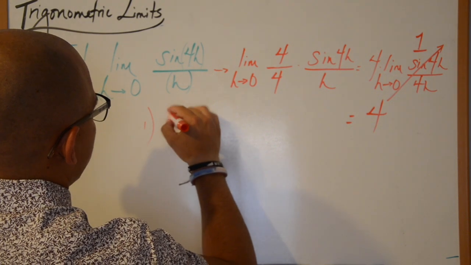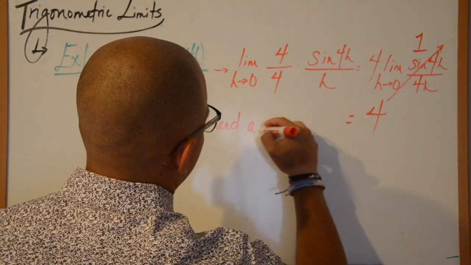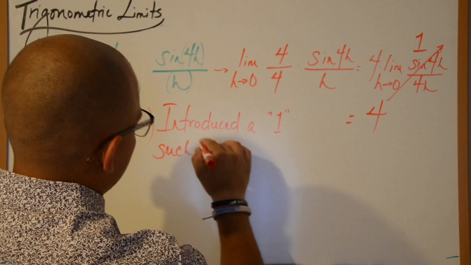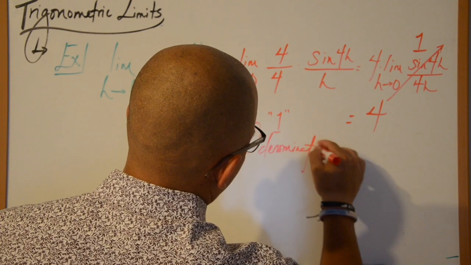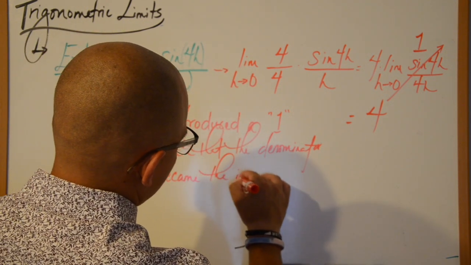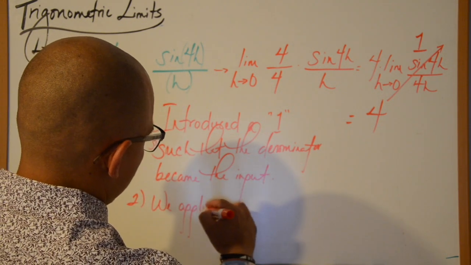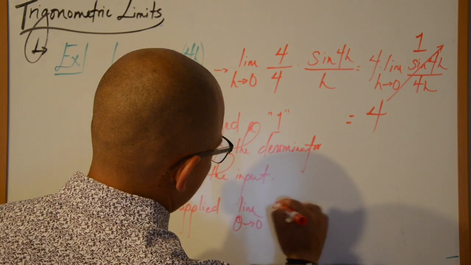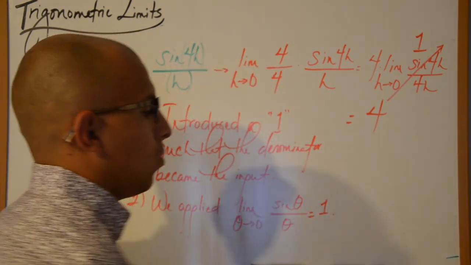We introduced a 1 such that the denominator became the input, and we applied the limit as theta approaches 0 of sine of theta over theta equals 1.